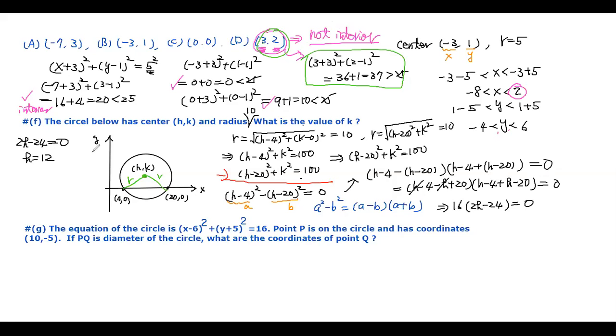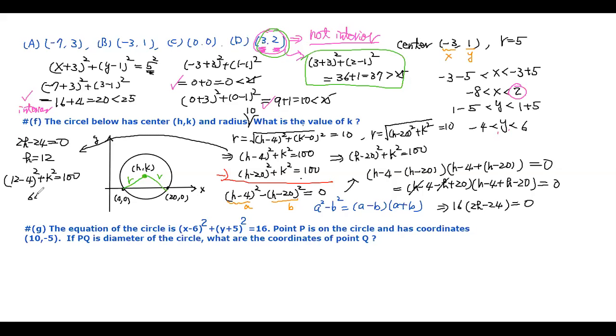If I have h equal to 12, then I can substitute back into my equations here. So I can say 12 minus 4 to the square plus k squared equal to 100. 12 minus 4 is 8, right?